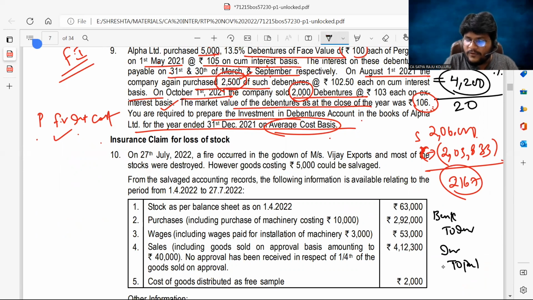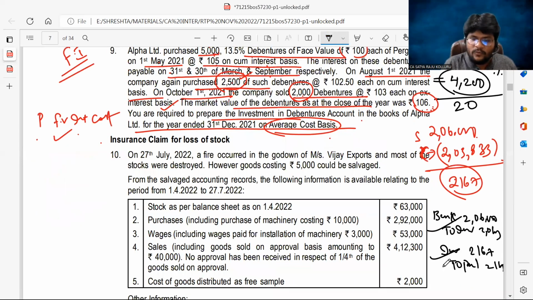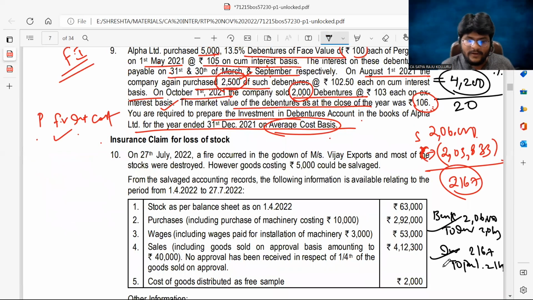Bank to investment 2,06,000 and investment to P&L 2,167. These two entries just got posted. Bank to investment under cost column by bank 2,06,000. Then investments to P&L under the cost column 2,167. This is the posting for the sale of investments and also the calculation of profit and loss.